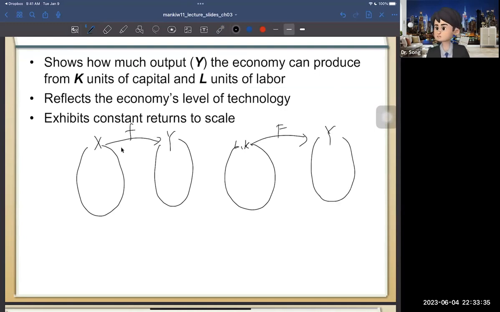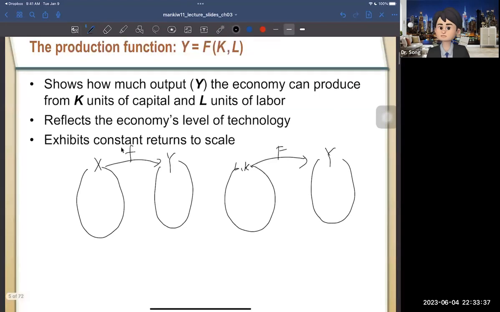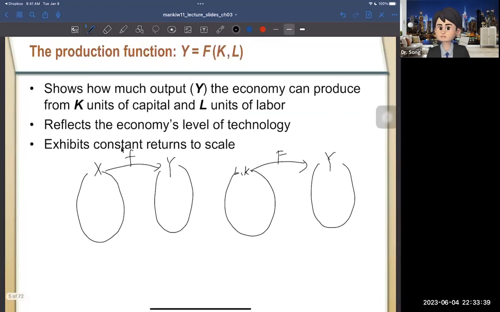So it's the same structure. By having this production function, we can show how much output the economy can produce from capital and labor, okay? And this production function reflects the economy's level of technology. So this is good to know.